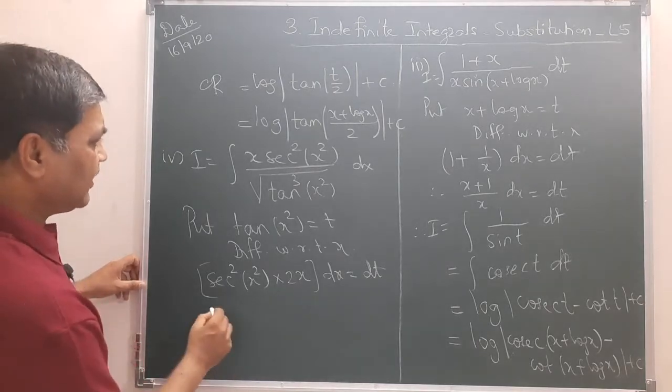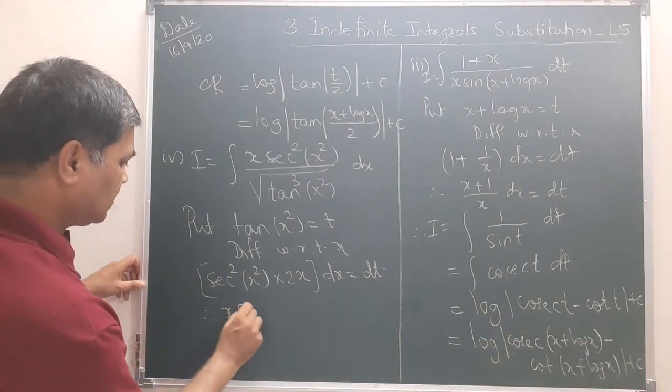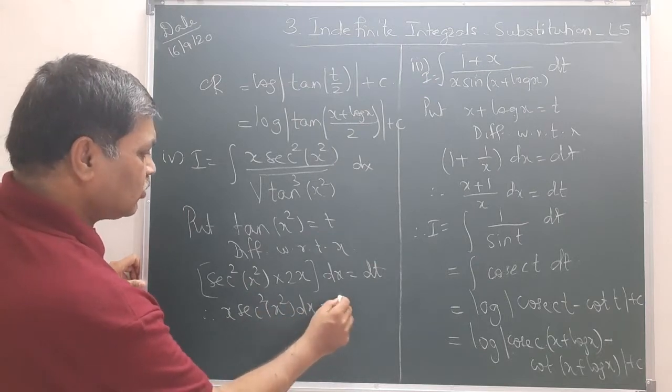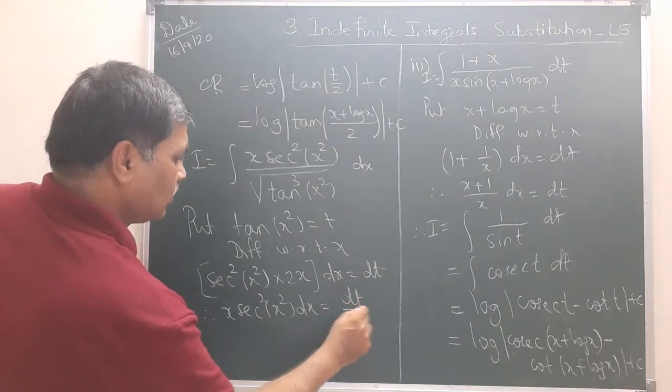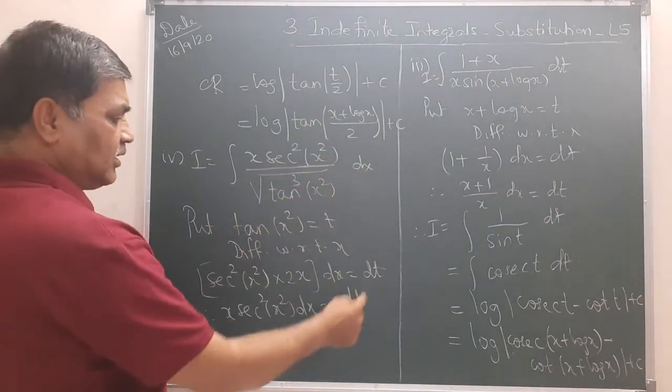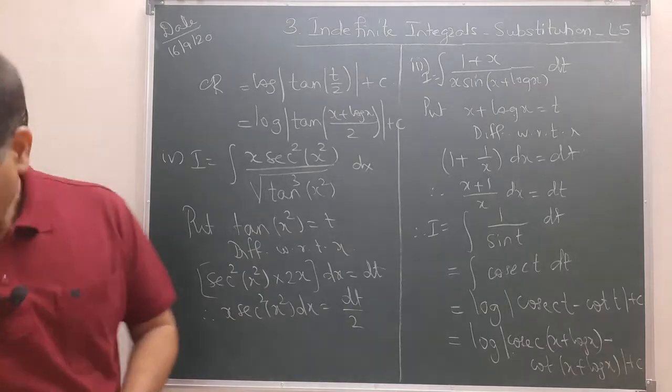Taking 2 on that side, we will get x times sec square x square dx is equal to dt by 2. X sec square x square dx is dt by 2.